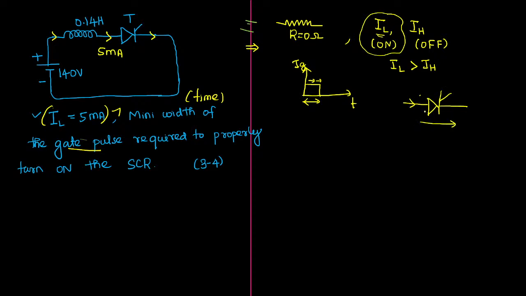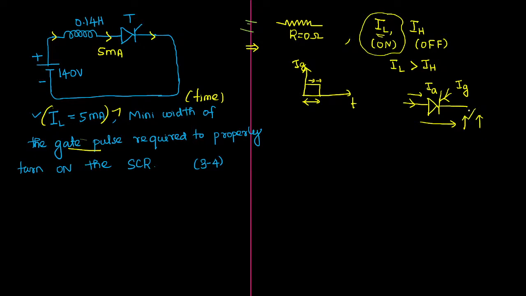This is one current. And when we apply gate current also continuously, inside there is one spot. In that region, this anode current and gate current both will combine together. So the net current through the SCR will keep increasing. It will increase the temperature. It may lead to damage the SCR or reduce the lifetime of the SCR.